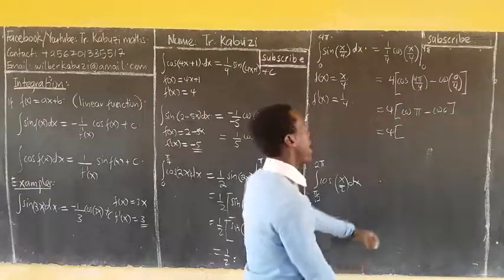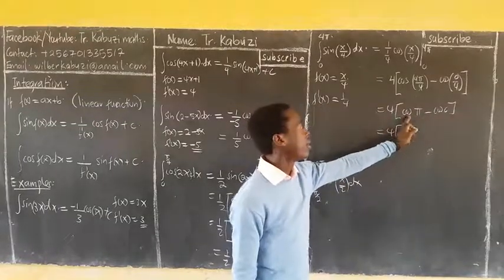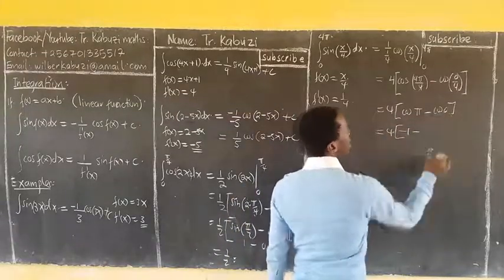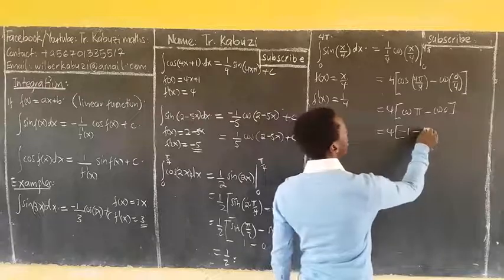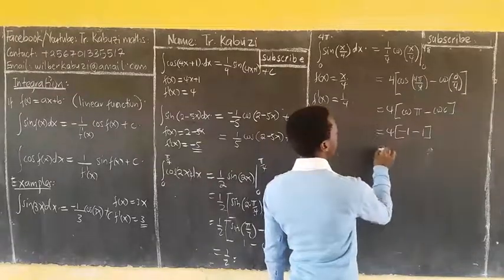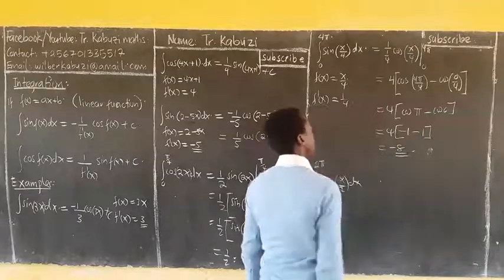Cos of pi is 180 degrees, so cos of 180 is -1, minus cos of 0, which is 1. You can press them on the calculator. So this gives -8.